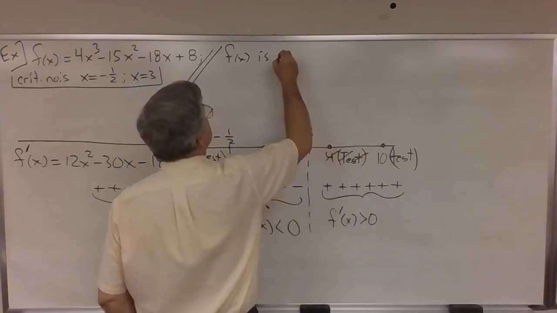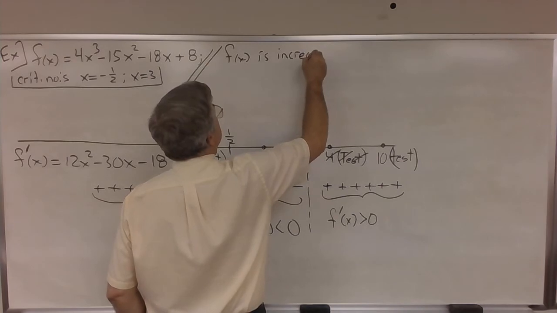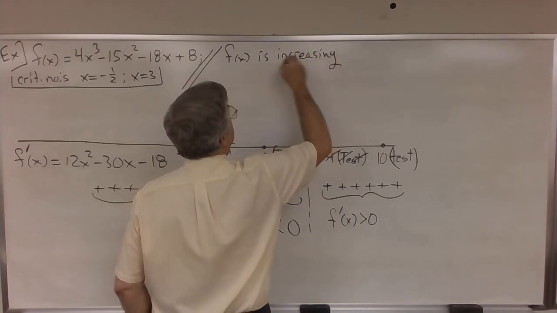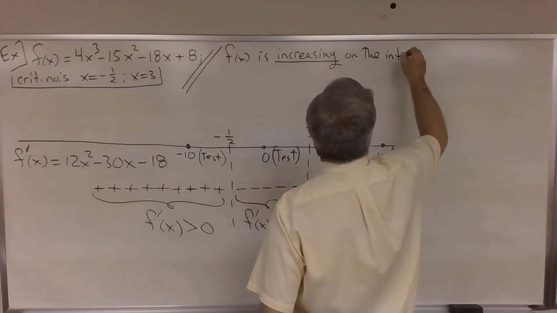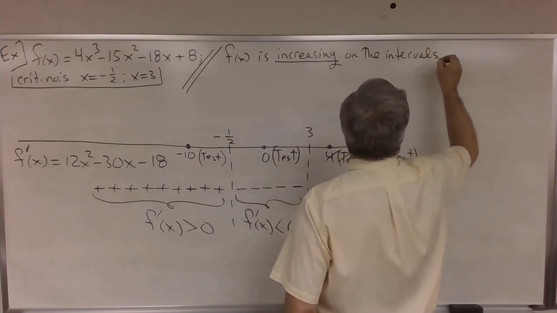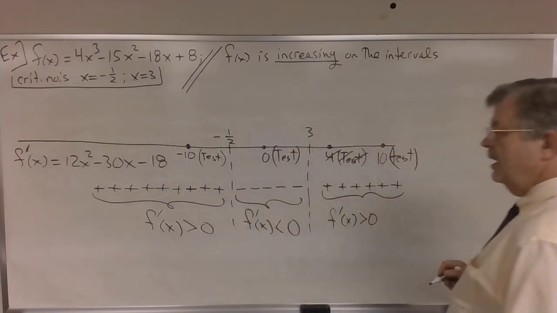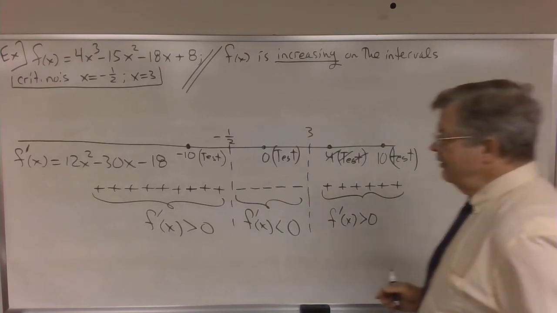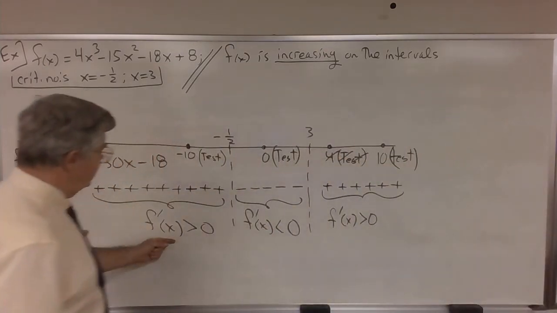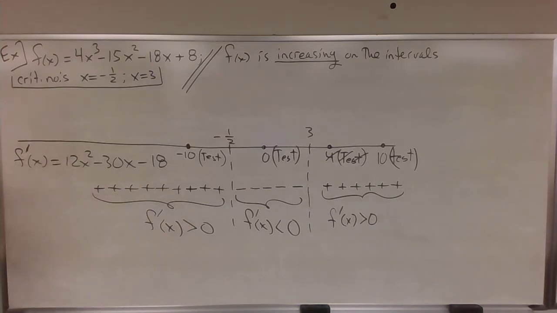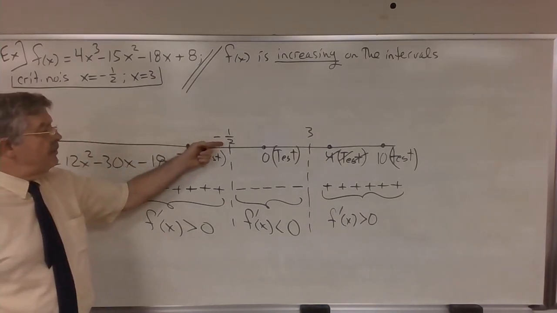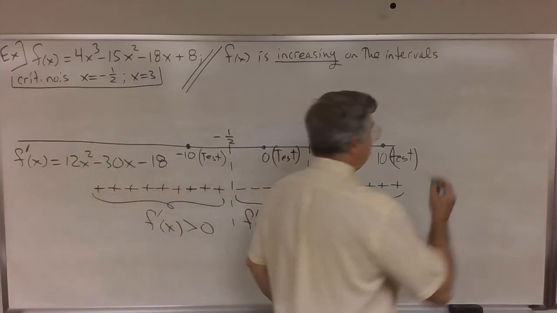F of x is increasing on the intervals, well, let's see. The derivative is positive here, so f of x has to be increasing from negative infinity all the way to negative 1/2 on the x-axis.